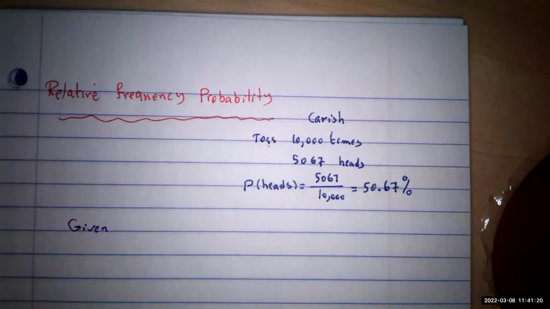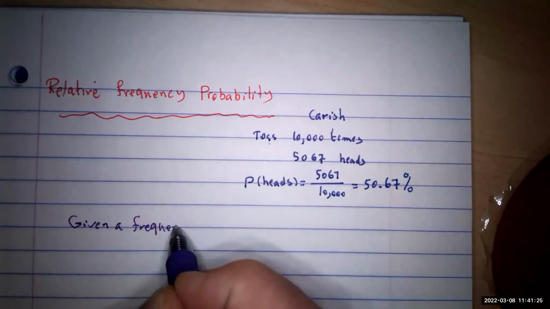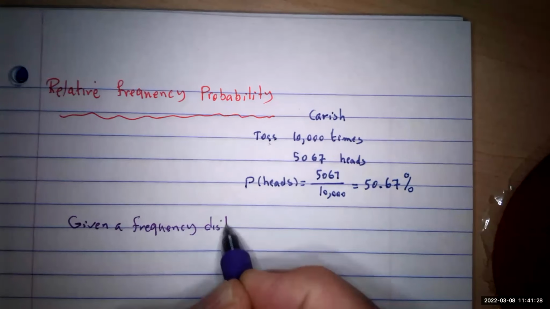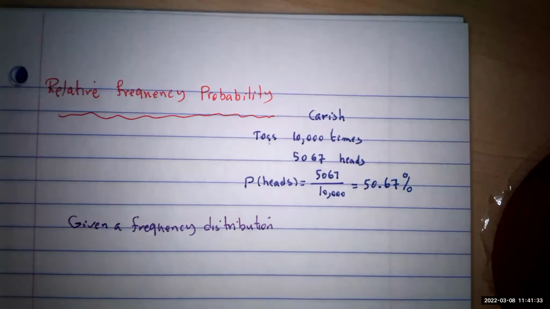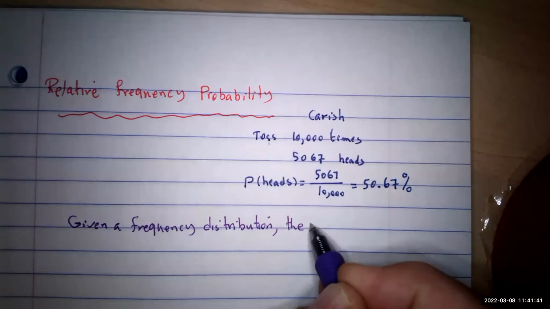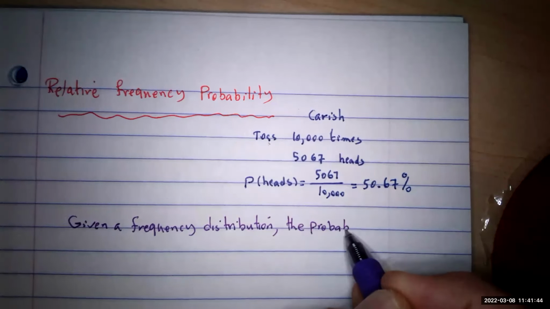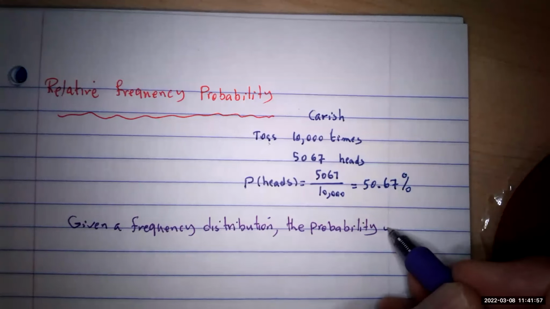Given a frequency distribution, those classes and the frequencies, the probability is going to be relative frequency. Remember, relative frequency was the frequency of one class divided by the total number of frequencies. It's the same thing.